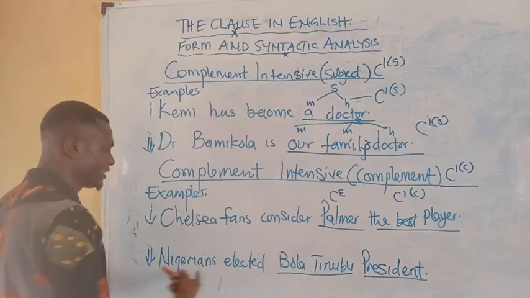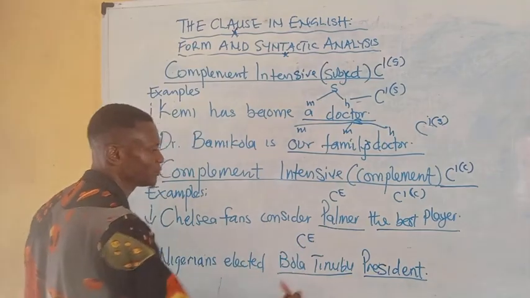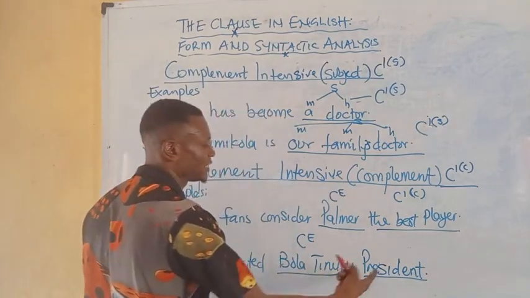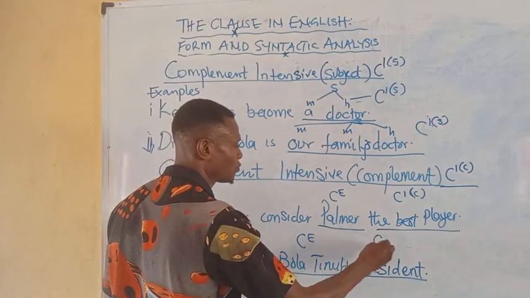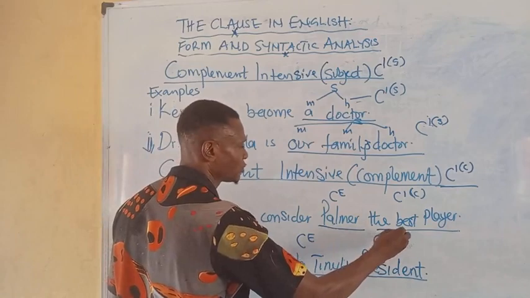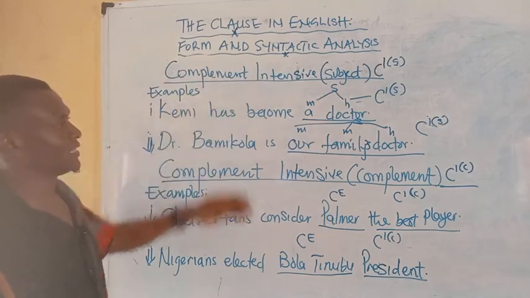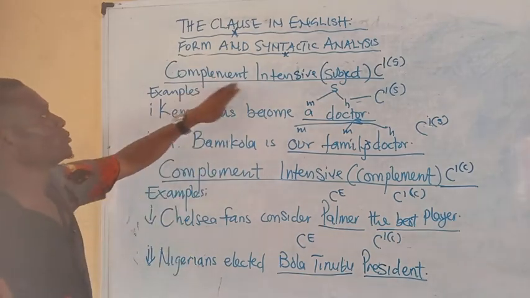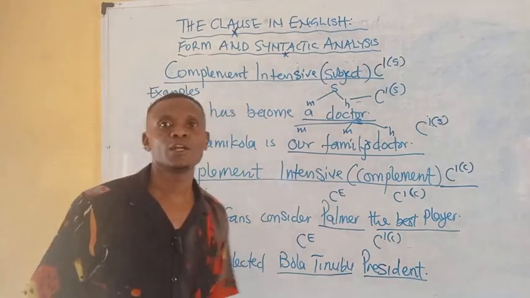So this and this have nothing to do together. This one will be complement extensive. Why? This one, the president: who is the president? Bola Tinubu. That is complement intensive complement. Are you getting it? These are the examples of complement intensive, as subject and as complements.